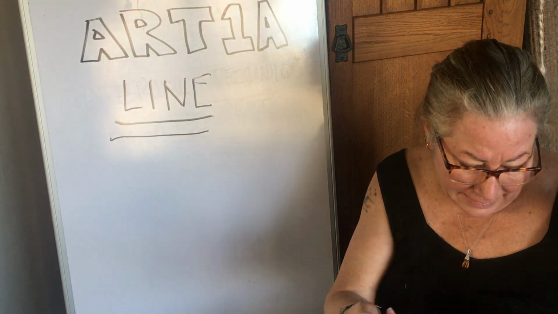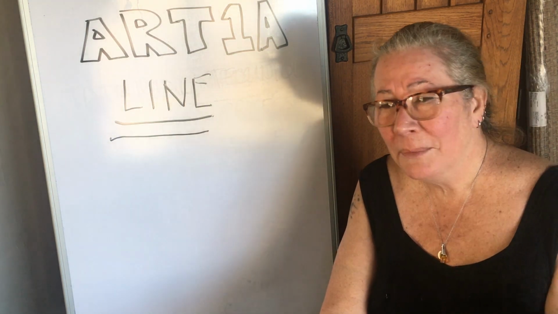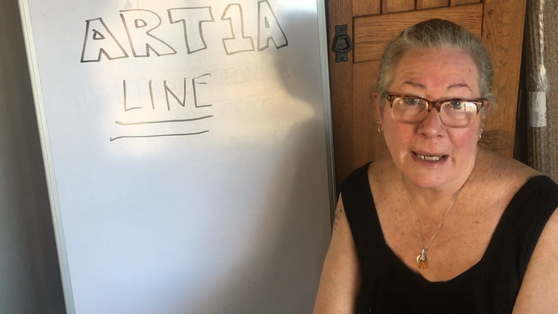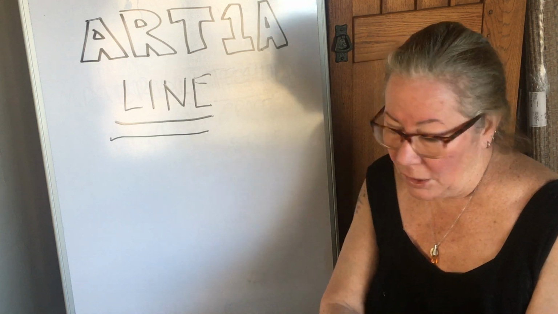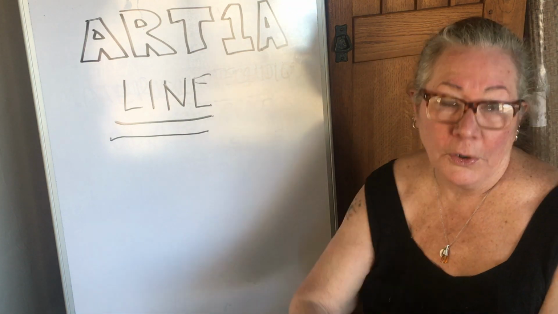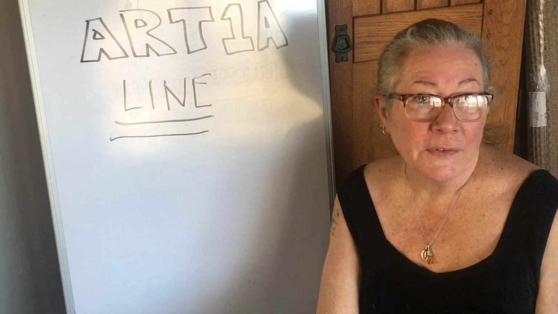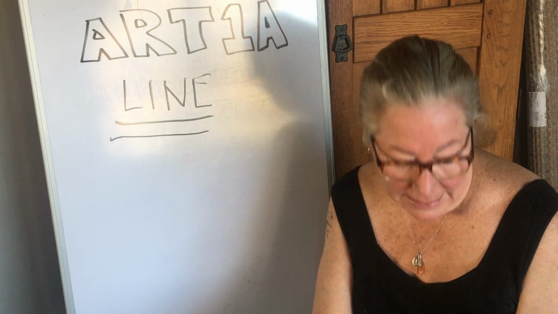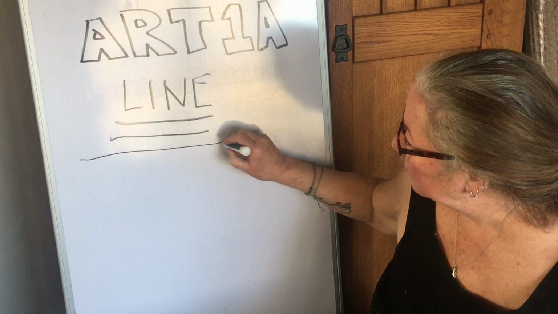Now, most lines you see are on flat surfaces in art, made for use on two-dimensional works of art. It can be drawn or chiseled, it can be painted, it can be thick or thin, it can be continuous like this, or dotted.